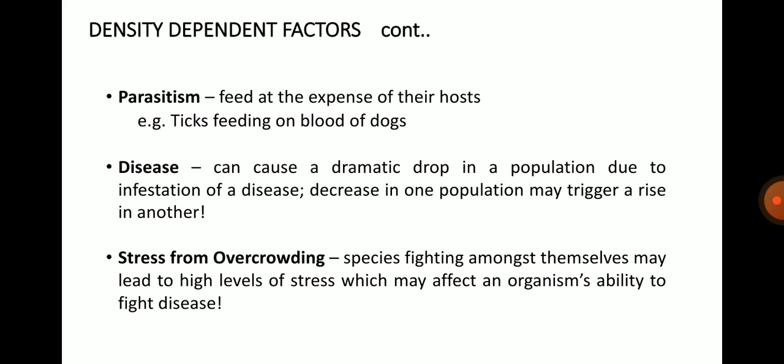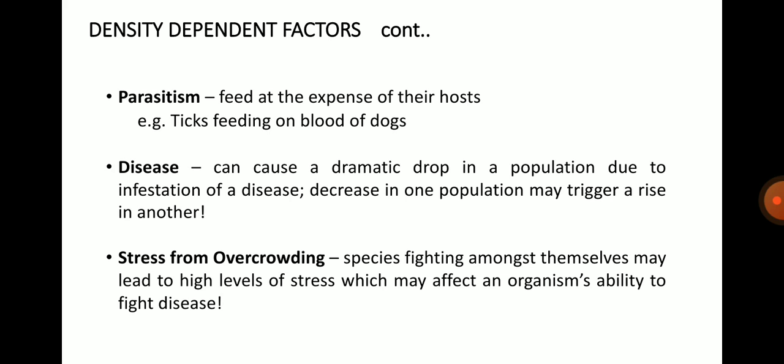There are different types of parasites, called ectoparasites, endoparasites, intercellular parasites, intracellular parasites, then also obligate parasites, then facultative parasites, plus you can always mention the number of hosts the parasites require to complete its life cycle as monogenetic parasites and digenetic parasites. The example being the ticks feeding on the blood of dogs. So here the ticks are the ectoparasites.